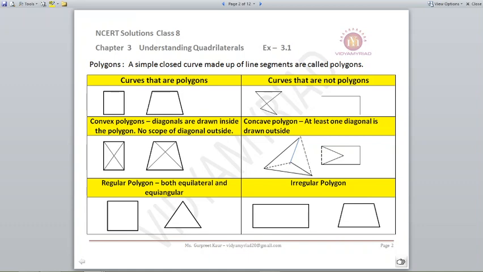So, where you have sides and angles equal, that will be treated as a regular polygon. Otherwise, it will be an irregular polygon. For example, you have a rectangle, you have a trapezium. There all the sides are not equal. Their angles may be equal, may not be equal. So, if both the things are not there, it means it is an irregular polygon.